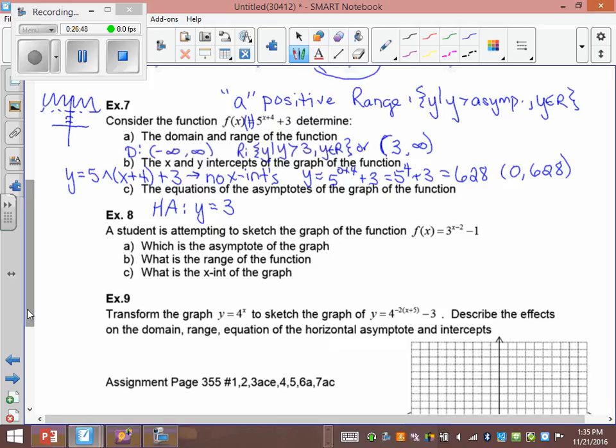Example 9 says, transform the graph of y equals 4 to the x to y equals negative 2, x plus 5 minus 3. Describe the effects on the domain, range, equation of the horizontal asymptote, and the intercepts. So x and y. I want you to do that one.